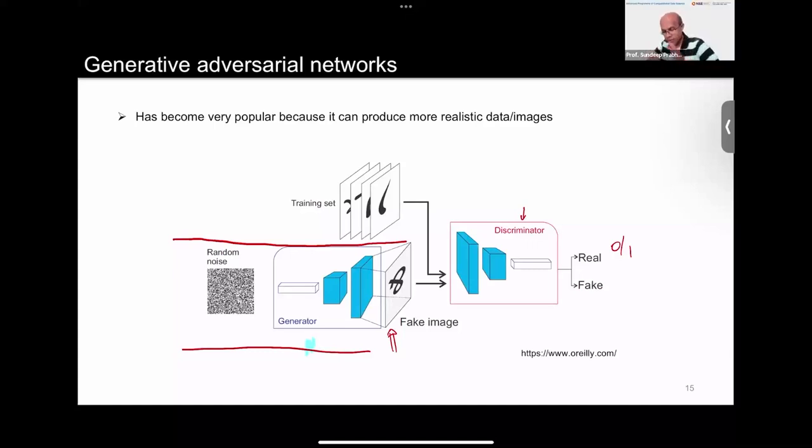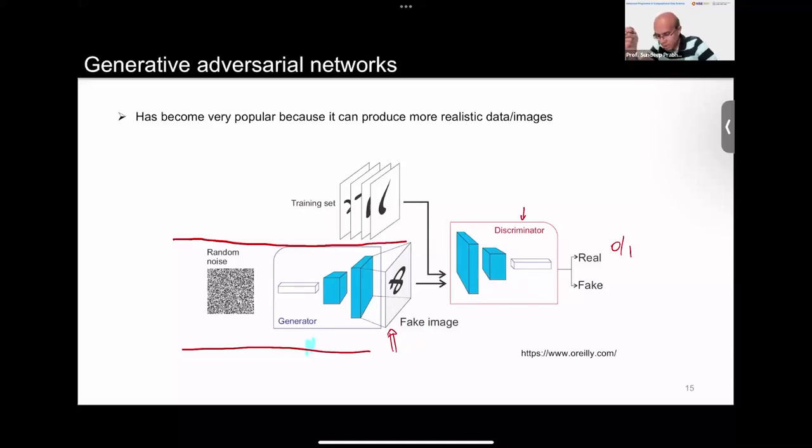Yeah. So the key is that there should be some mechanism to tie the generator and discriminator. Right now, the way you see this in the pipeline is they're two independent entities, but there should be something that attaches these two to achieve our goal.